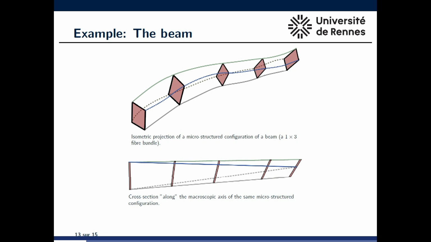Okay, and from the one-dimensionality of the macroscopic space, this means that the solder form can be seen as a vector field, pointing toward the direction of the beam. And the connection can be seen as a vector field also, but this time indicating how adjacent slices are positioned one relative to another. Okay, so this is a bit simpler.